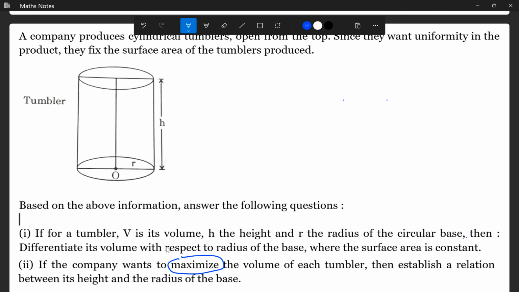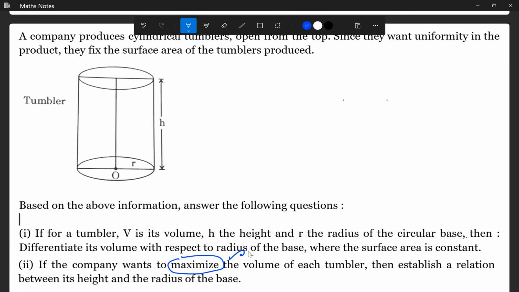This parameter has to be expressed initially in terms of two variables, and then we convert it into one variable using the given constant. That is almost the template for all of the case study questions.